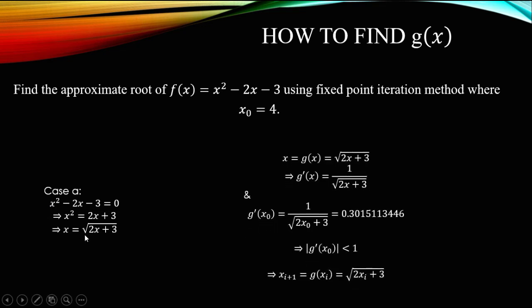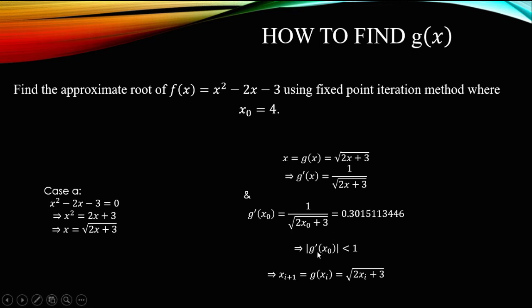After that, suppose that x is the system generating function g of x, and after differentiating this suspected system generating function, substitute the value of x naught. If the absolute value of g prime of x naught is less than 1, then the system generating function is the right one. Otherwise, you need to go toward another system generating function.